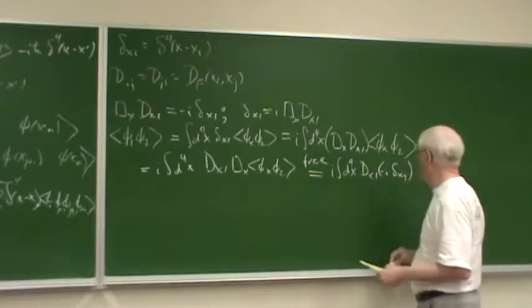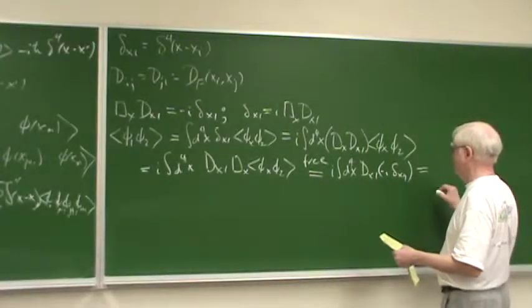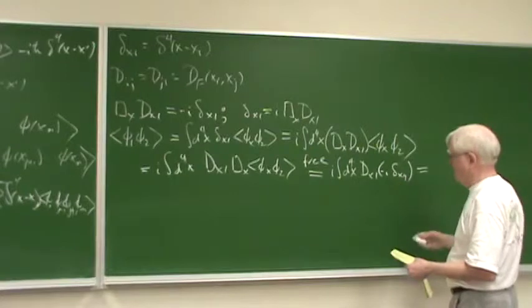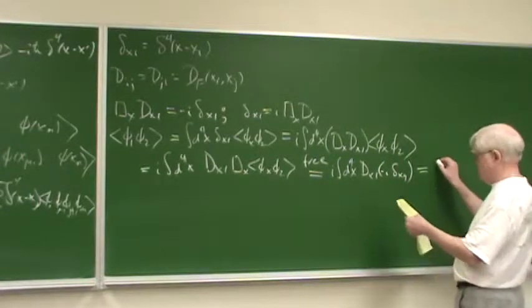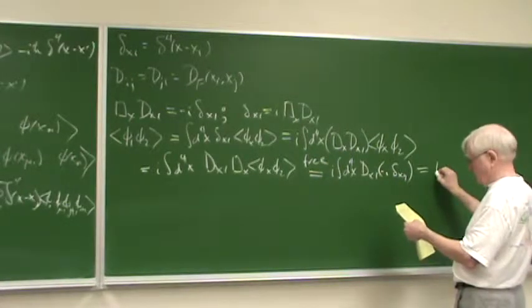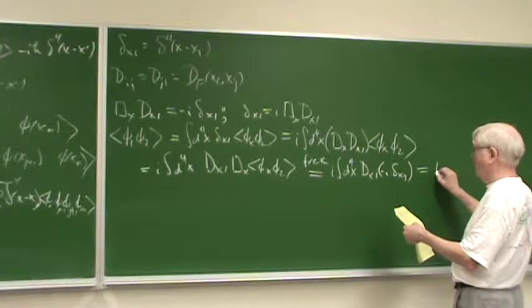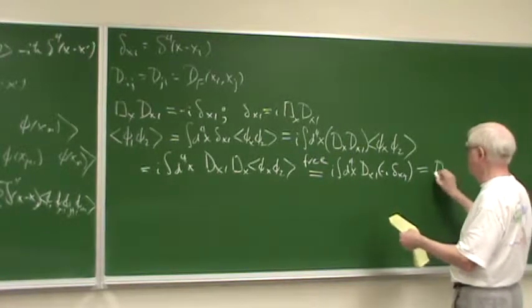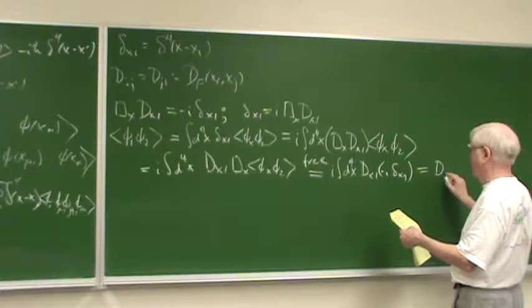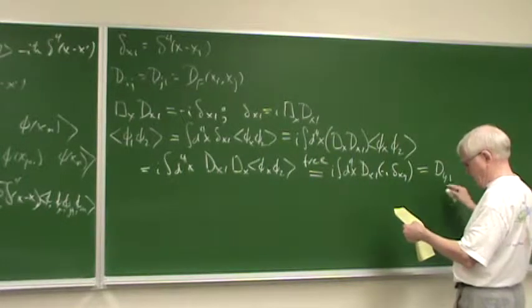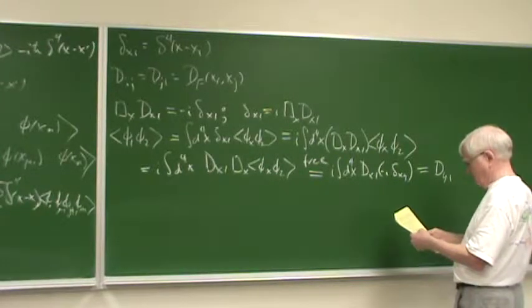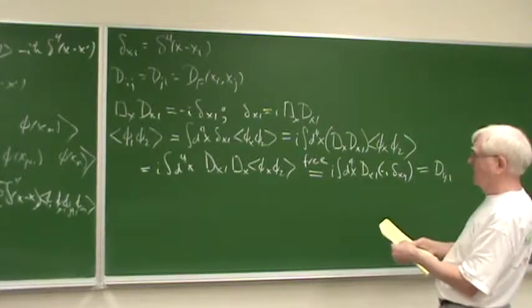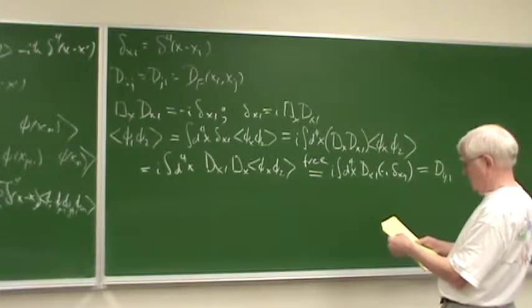And now i times minus i is 1, and this just gives us D(2, 1).